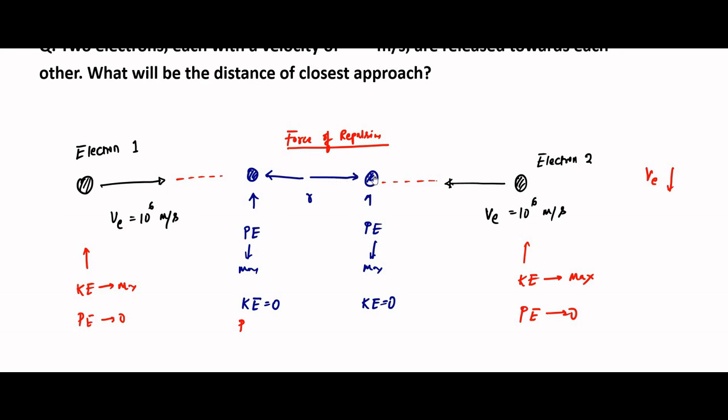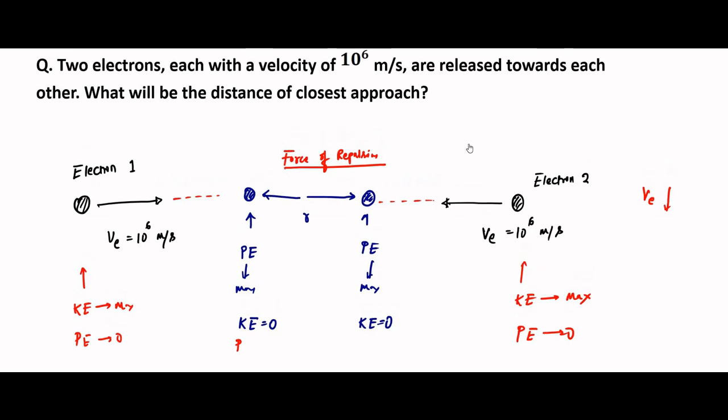As they keep moving towards each other, they experience a force of repulsion because they are like, negative charges. So gradually the velocity and kinetic energy start decreasing, and this decrease in kinetic energy is stored in the form of potential energy. As they move forward, kinetic energy decreases and potential energy increases, for both the electrons. So this is the thing.